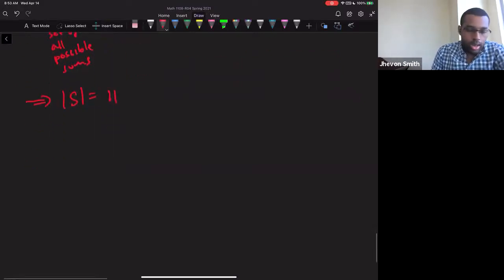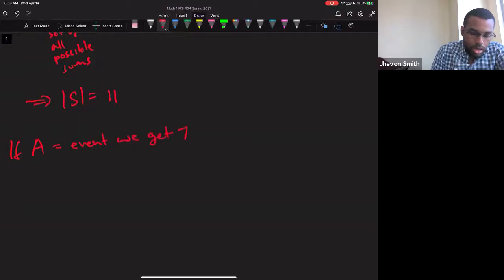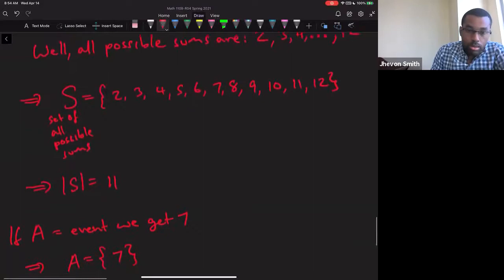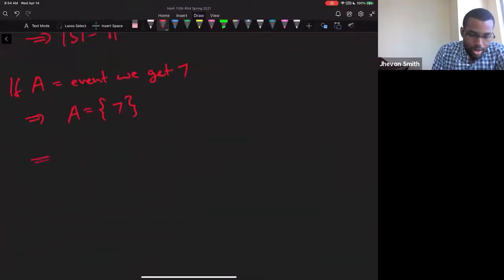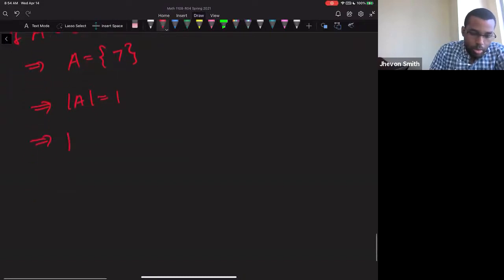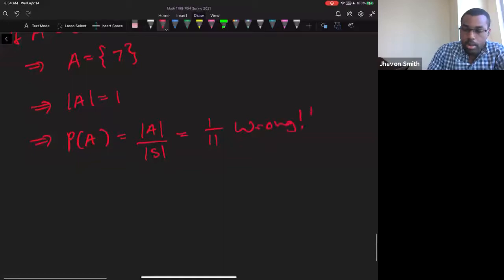And then we can say, all right, so if A is the event we get 7, then your A would just be the set with the sum 7. And then the size of A is 1. And this means that the probability of A would be the size of A over the size of S, which would be 1 over 11. But this is wrong, right?